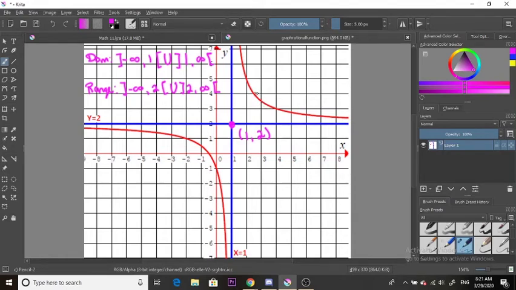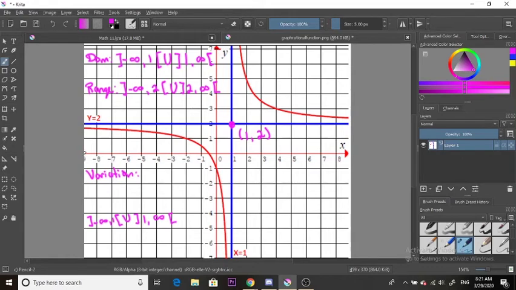Now, let's take a look at the variation. Let's write that here. Variation. Now remember, the variation occurs over your domain. So let's put in our domain right away. Now we need to determine if it's increasing or decreasing.